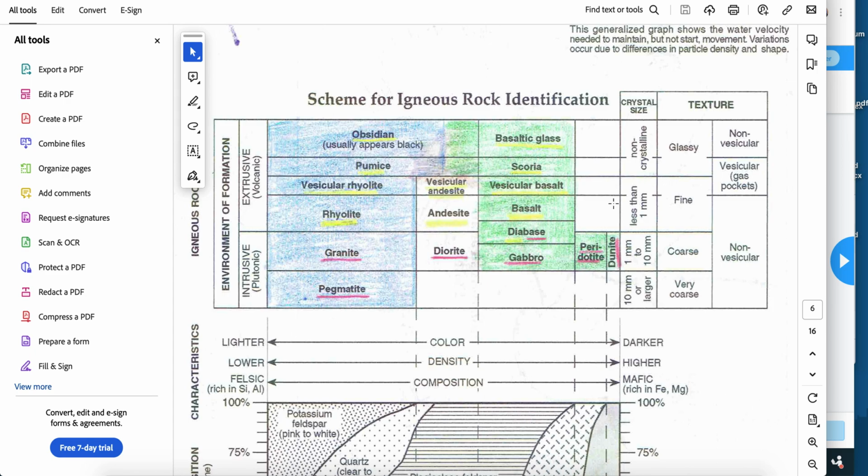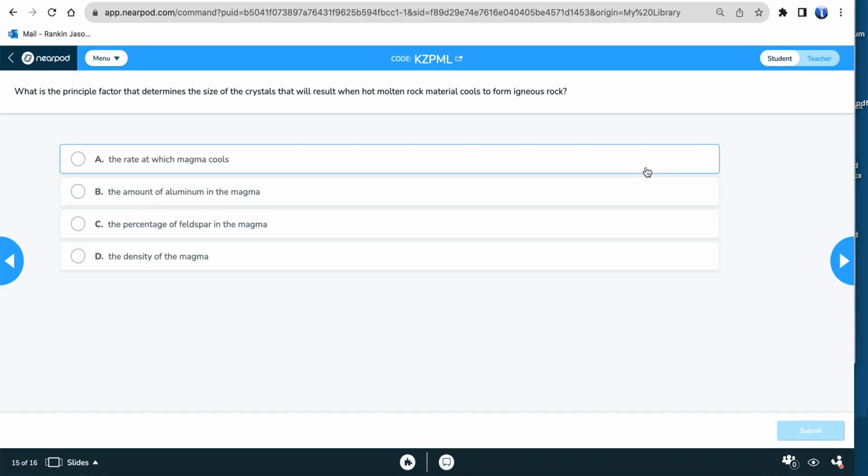Well, take it back, no crystals at all, that's going to be glassy. This is your extrusive materials. And it all deals with how fast or how slow the rock materials will cool.